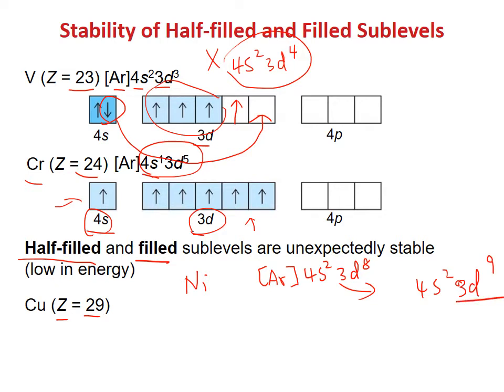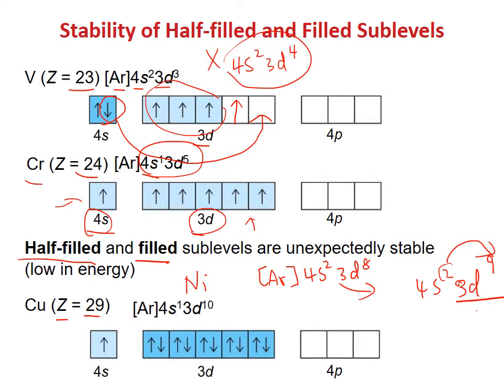Now it is possible to achieve a filled level in d by moving an electron from s to d orbital, and so the correct one is 4s1 and 3d10. So that's the electron configuration for copper.